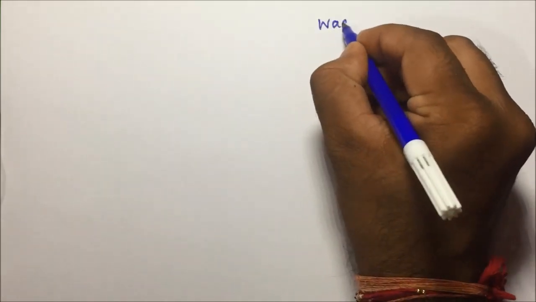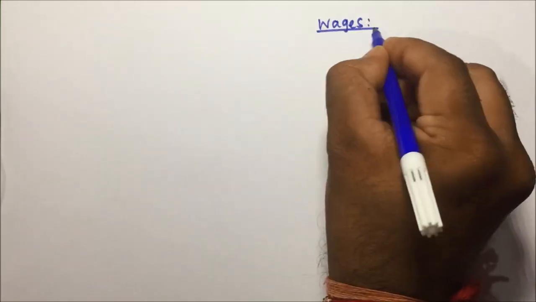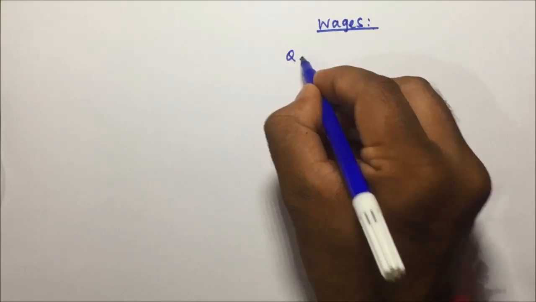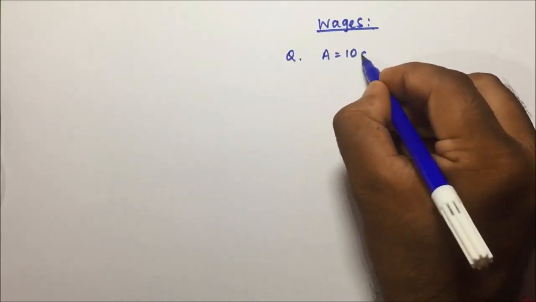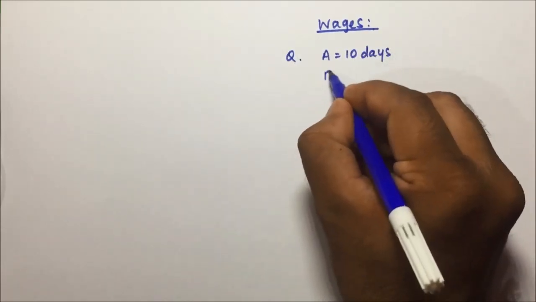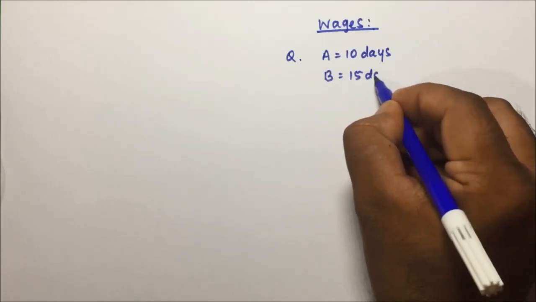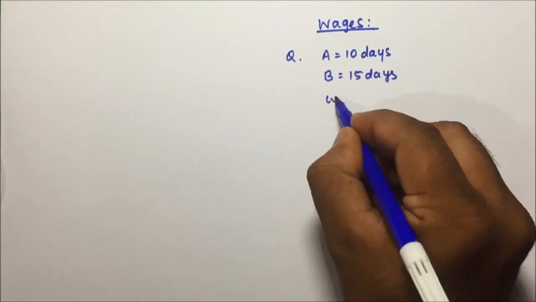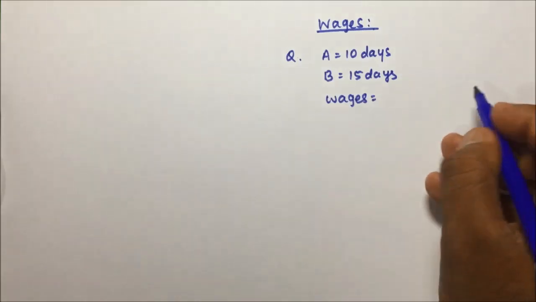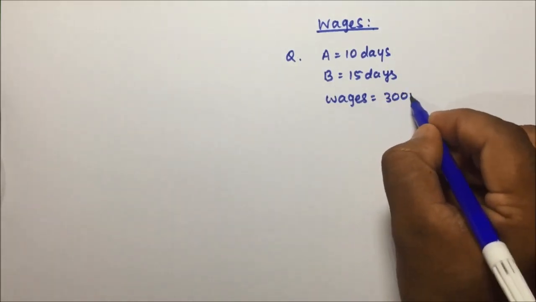So what is the next thing, friends? Many times in time and work they will ask you about wages. So suppose A completed a work in 10 days and B completed a work in 15 days, and they are getting total wages equal to, suppose, 300 rupees.